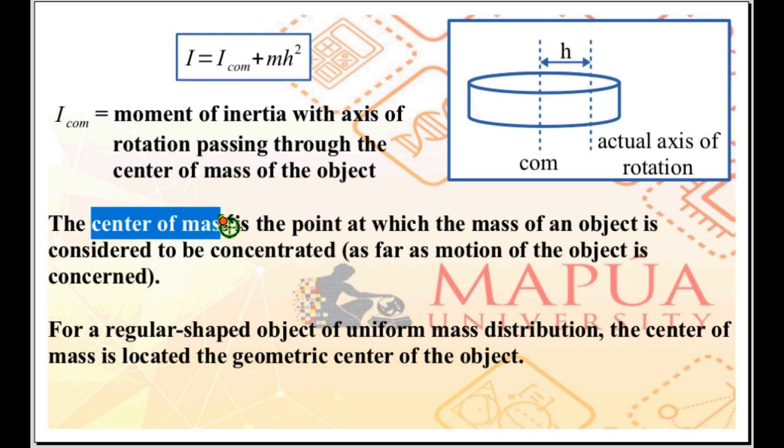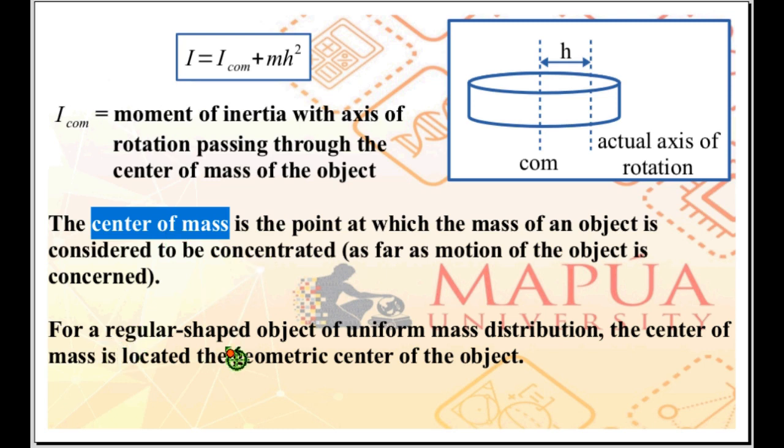Consider that some of you might want to explore the concept of center of mass. Put simply, the center of mass is the point at which the mass of an object is considered to be concentrated, at least as far as the motion of the object is concerned. The object moves as if its mass is concentrated at the center of mass.